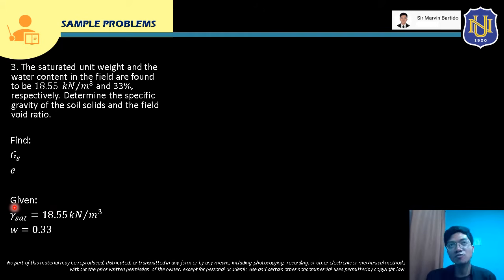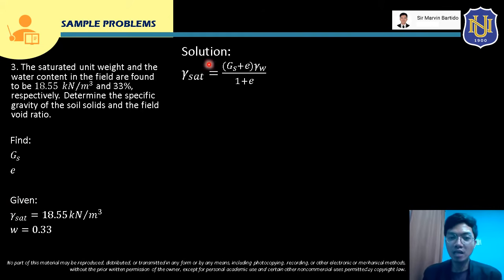In this case, for gamma sat, meron tayong formula na involve yung specific gravity tsaka gamma sat. Tapos, pwede nating i-incorporate yung water content. So, itong formula na ito: gamma sat is equal to G sub S plus e times gamma water over 1 plus e. So, tingnan natin kung pwede natin siyang magamit.